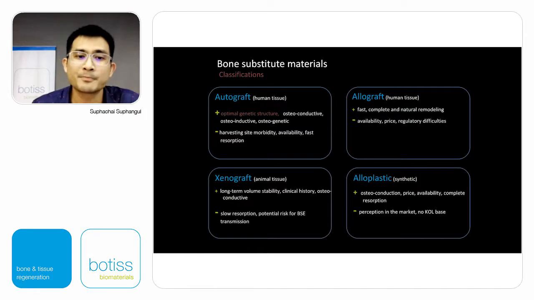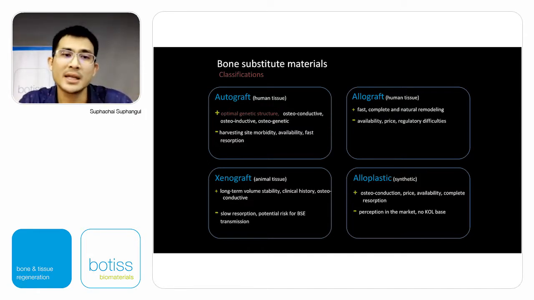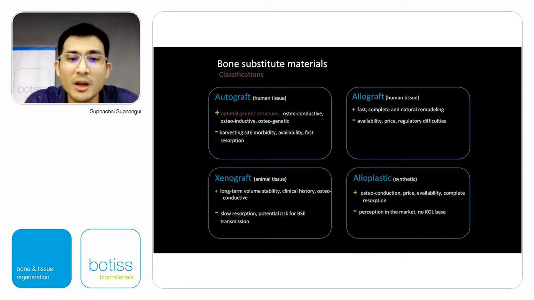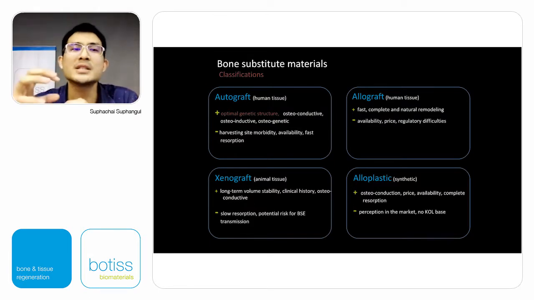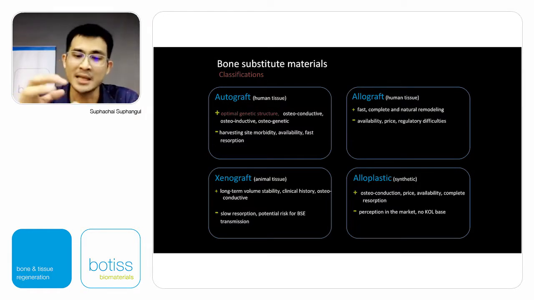How about the most popular one, the Xenograft? The Xenograft itself has long-term volume stability and osteoconductive activity. The Xenograft is a crystal that human osteoclasts cannot resorb completely. They build up bone on top of it.